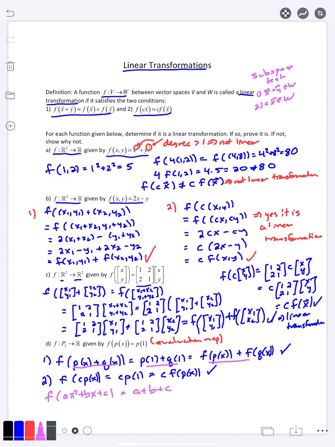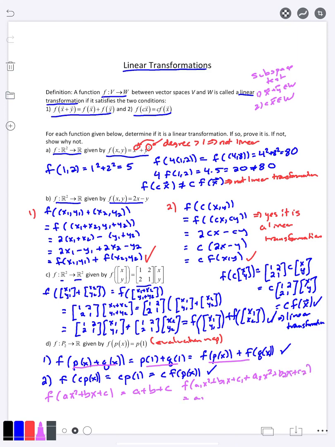It just gets more complicated to write it out, but it might be easier to understand what it is you're doing. So it just depends on your preference on things like that, right? You could say something like f of a1x squared plus b1x plus c1 plus a2x squared plus b2x plus c2.